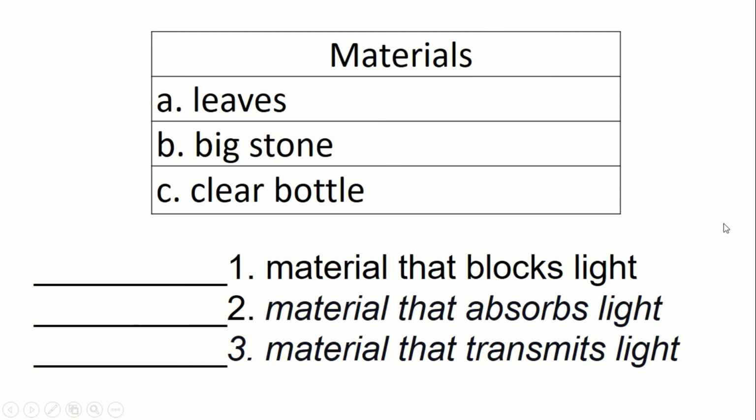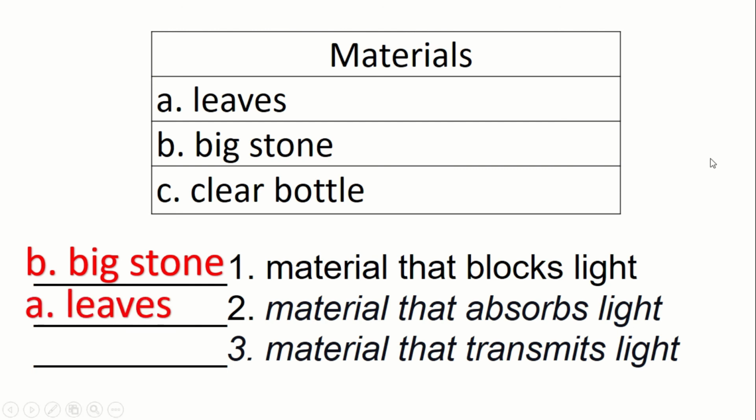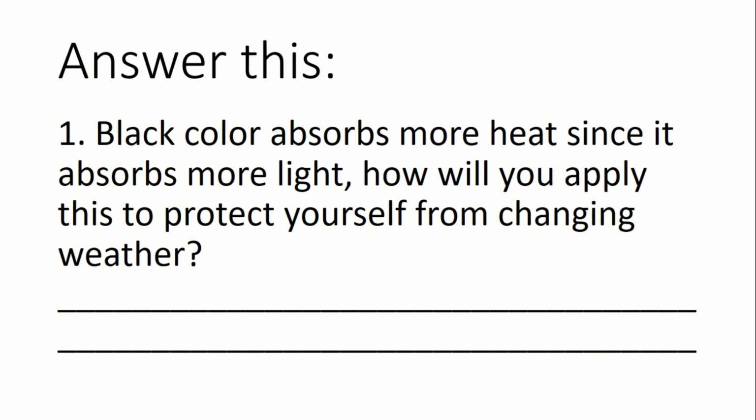So, number 1 is material that blocks light. Big stone. Very good. Letter B. How about number 2? Very good. Leaves. How about number 3? Correct. Clear bottle. Okay, now we can answer the second question.